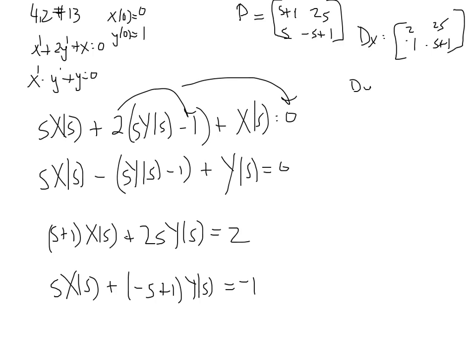And finally our dy will have 2, negative 1 along the right, and s plus 1 and s.